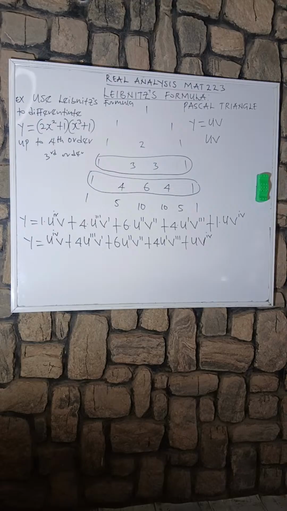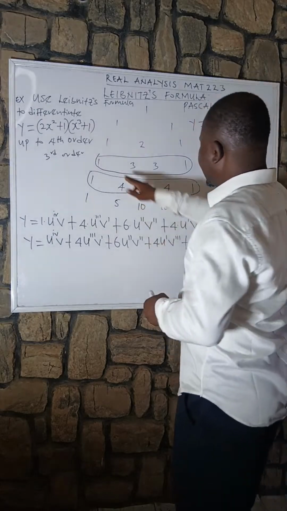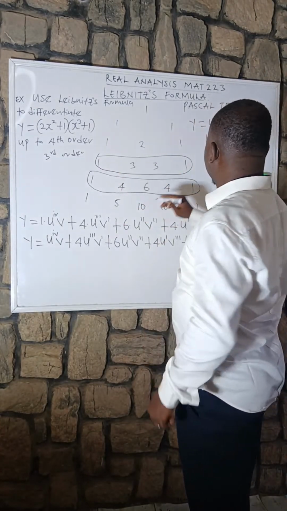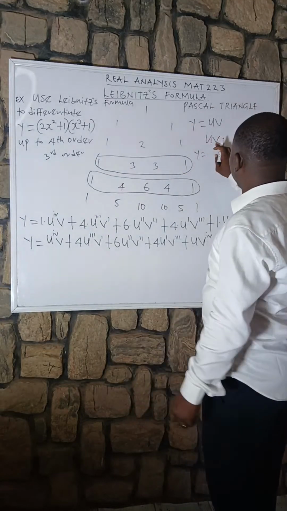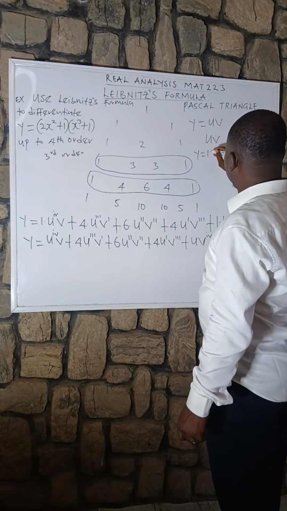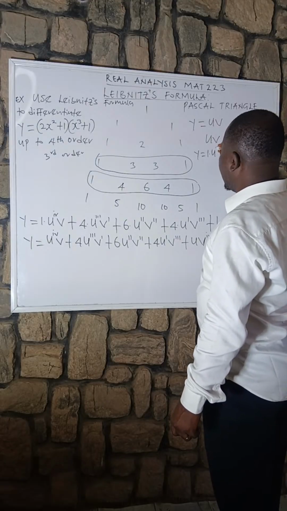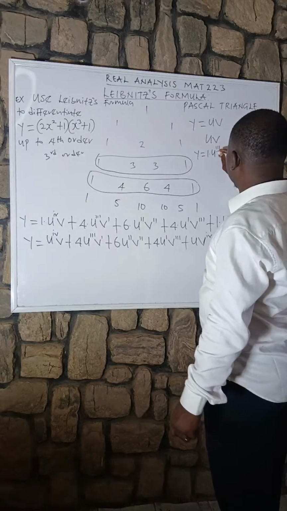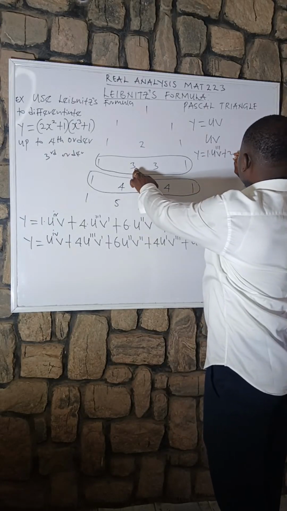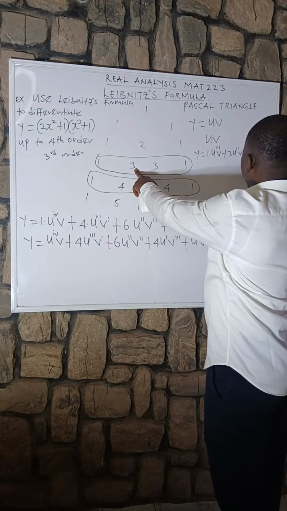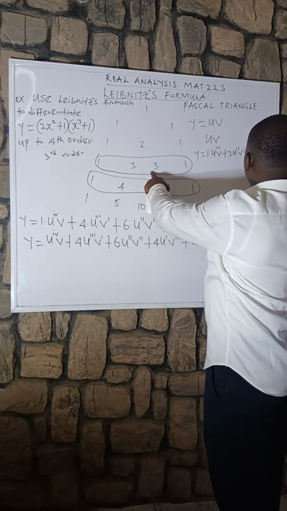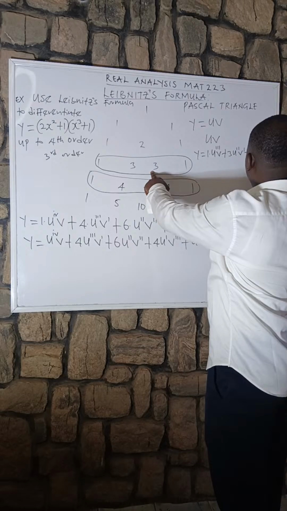This will give you, if it is third order, y equals 1 times U triple prime, that is third order, times V, plus 3 times U double prime V prime, plus 3 times U prime V double prime, plus 1 times U V triple prime.